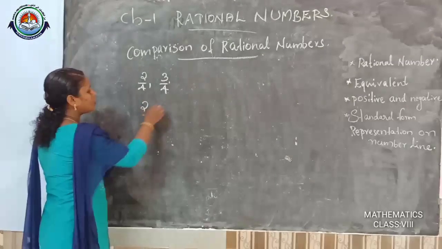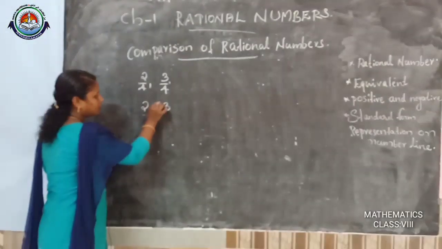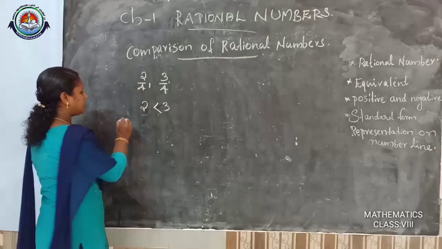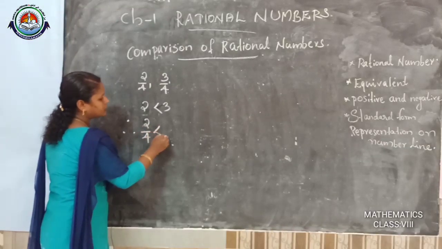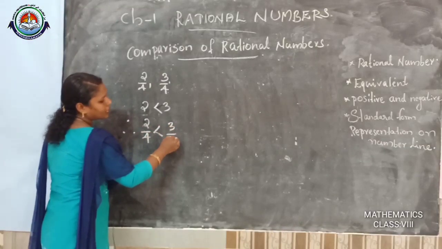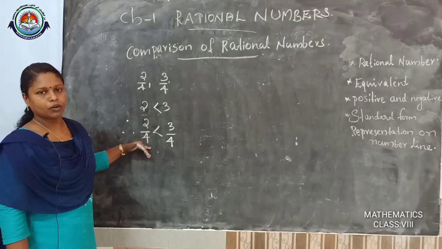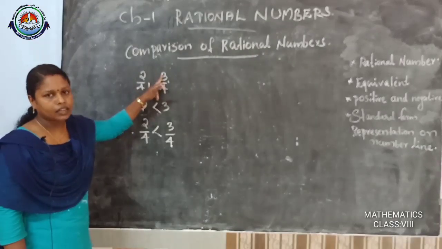Here 2 and 3. Which is bigger? 3. 2 is less than 3. Therefore, we can say that 2 by 4 is less than 3 by 4. If the denominators are common, same denominators, we need to just compare the numerators.